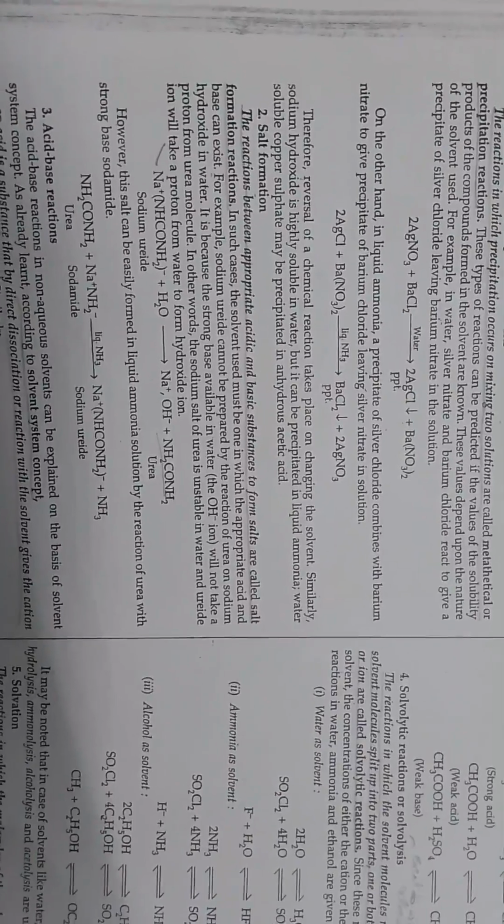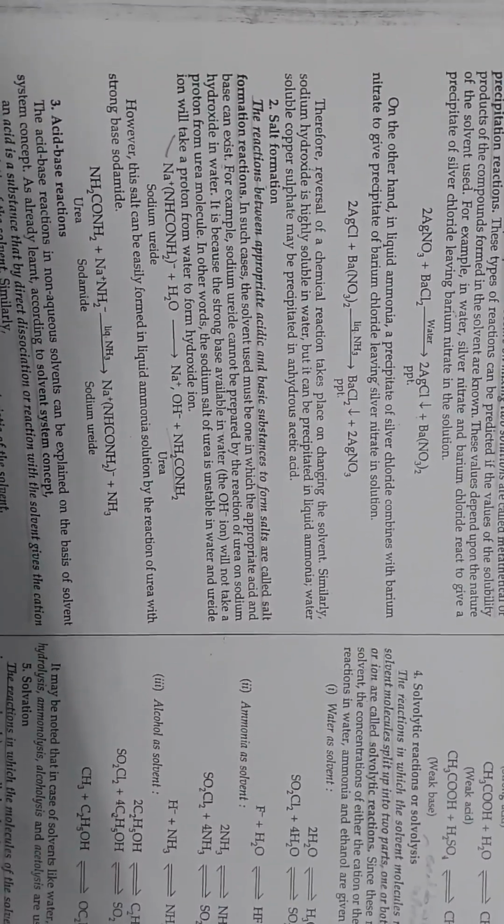For example, in water, silver nitrate and barium chloride react to give a precipitate of silver chloride, leaving barium nitrate in the solution. 2AgNO3 plus BaCl2 gives, in water, 2AgCl precipitate plus Ba(NO3)2. On the other hand, in liquid ammonia, a precipitate of silver chloride combines with barium nitrate to give a precipitate of barium chloride, leaving silver nitrate in solution. 2AgCl plus Ba(NO3)2 react in liquid NH3 to give BaCl2 precipitate plus 2AgNO3.